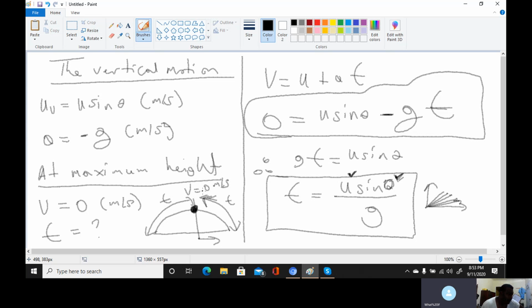Vertical velocity is 0. Agreed? Because we're not getting any higher. That's the maximum height we reach, so we're not climbing in height. We know that's the maximum height because the height is not changing. If it's not changing anymore, it means that at that point my vertical velocity is 0.